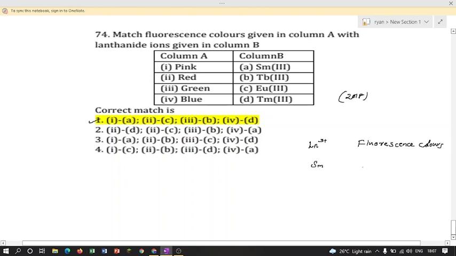Sm, the color that is pink. Eu, color is red. Gd, orange in color.